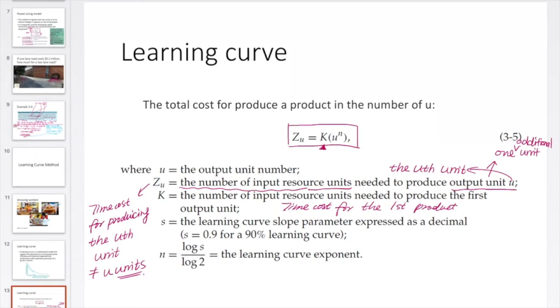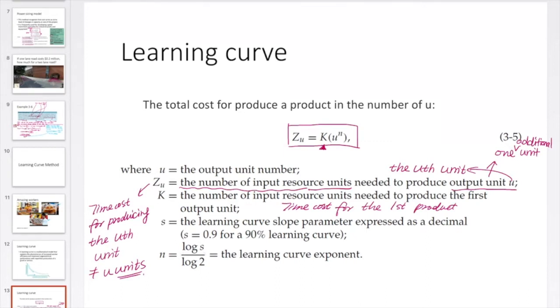So the cost for the very first product is going to be very high. That's very true. If you are making the burger for the first time, it might cost you maybe 20 minutes. But after 100 or 1,000 times practicing, you might just need 3 minutes to do that, depending on the learning rate.